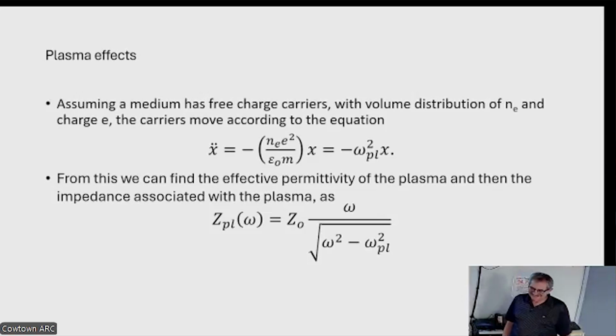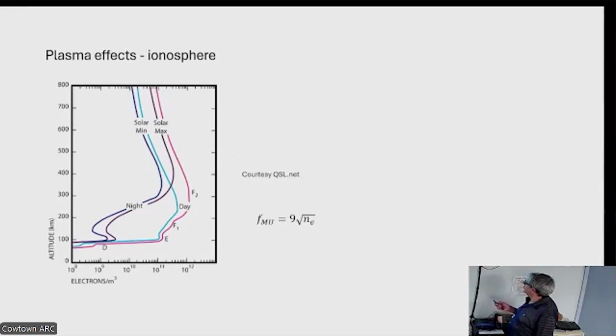You're getting your A and K indexes and everything like that off of that, which tells you the activity of the solar interaction. This particular plot is provided by QSL.net, and roughly the maximum usable frequency is 9 times the square root of that number.